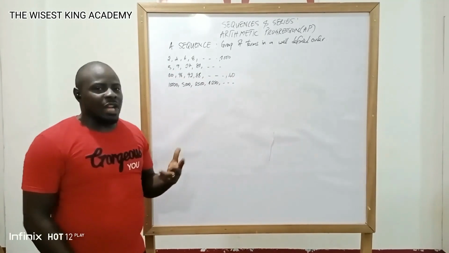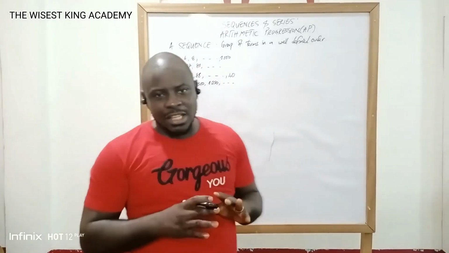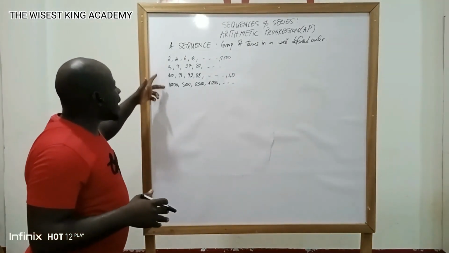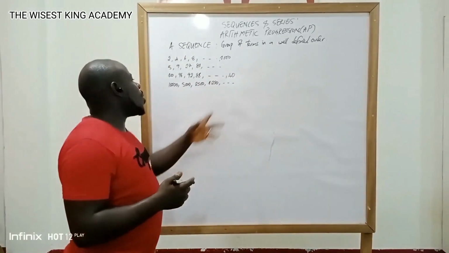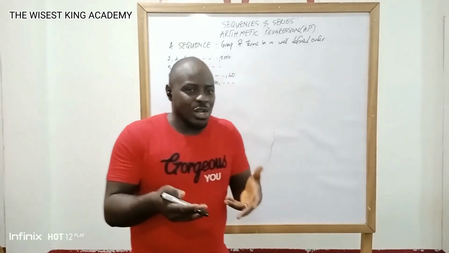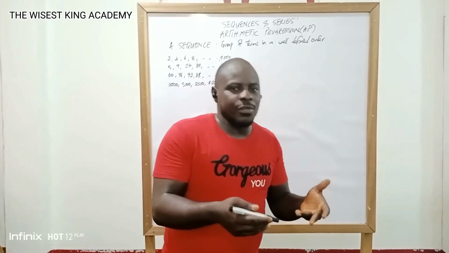Their last terms are known. Meanwhile, sequences are infinite if their last terms are unknown. For example, example 2 and example 4, their last terms are unknown. And such sequences always end with 3 dots. So, before solving a question, understand how the sequence evolves.